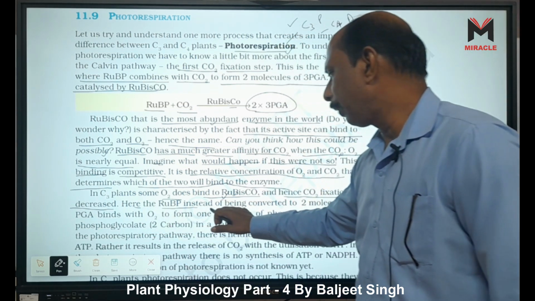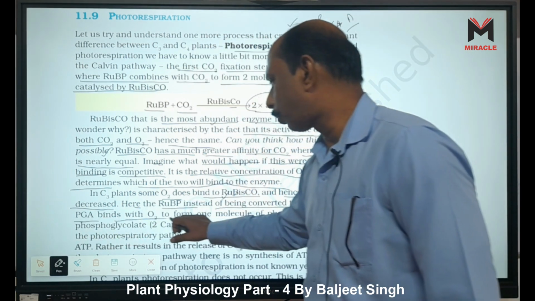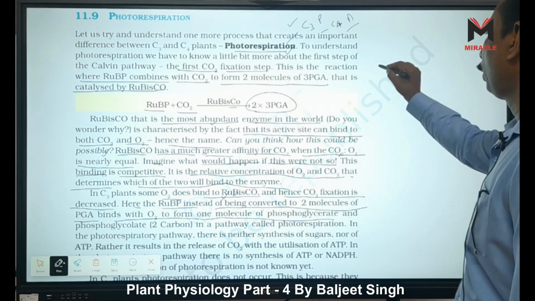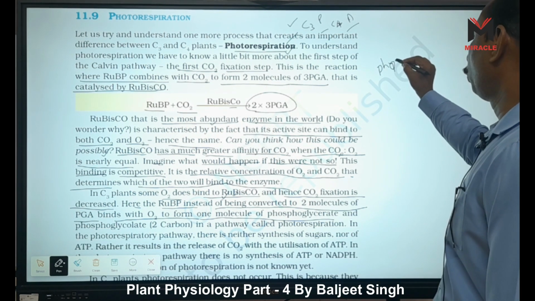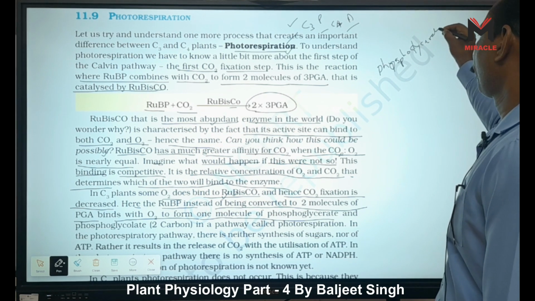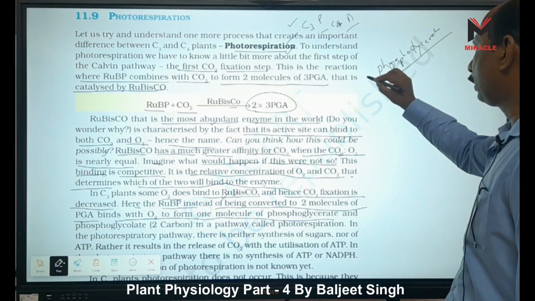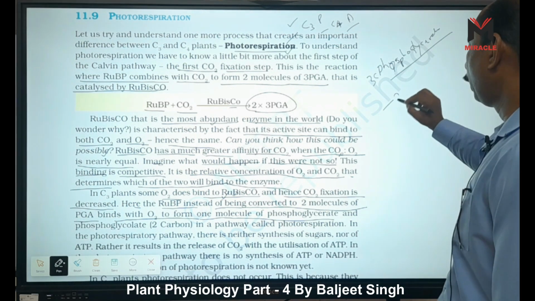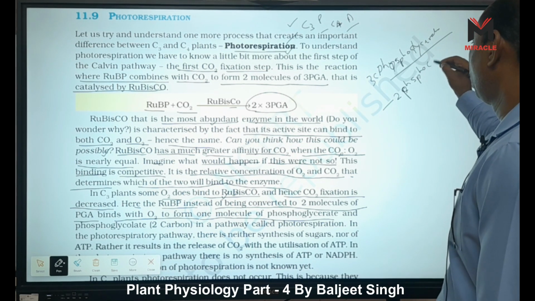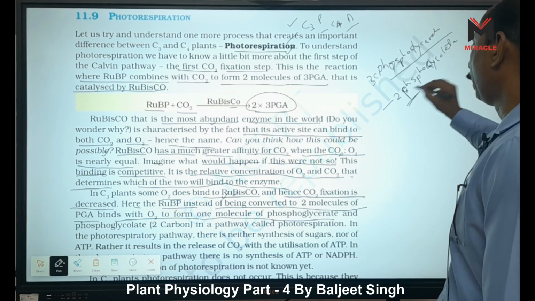Here the RuBP, instead of being converted to 2 molecules of PGA, when it binds with oxygen forms 1 molecule of phosphoglycerate, that is PGA, a 3 carbon molecule, and 1 molecule of phosphoglycolate, which is a 2 carbon molecule.